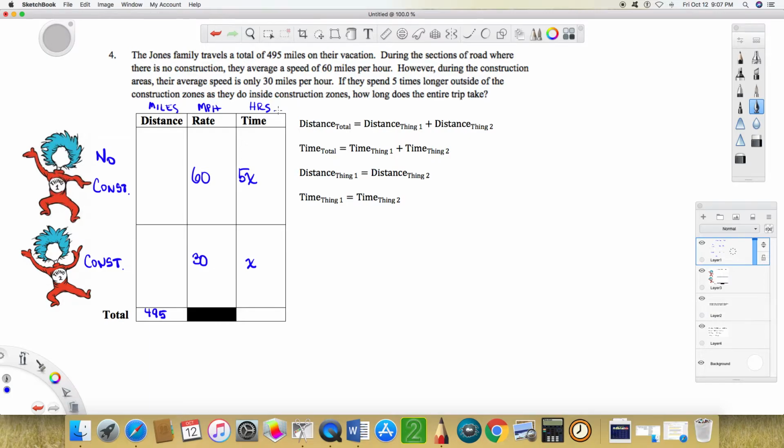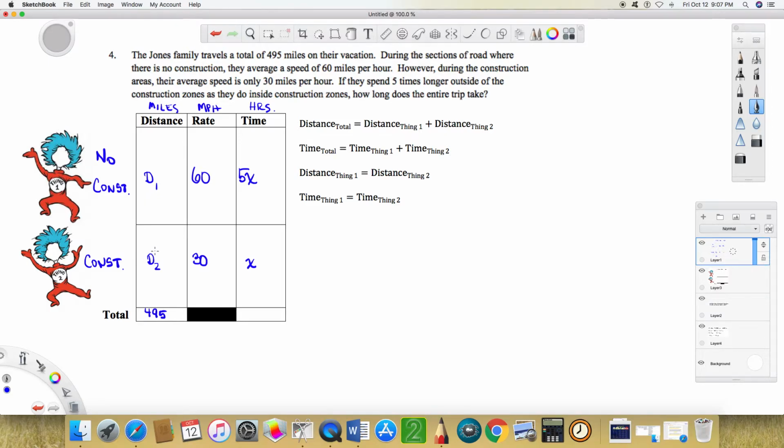Okay. Now, I do not know how far they traveled inside or when they were outside of the construction versus inside of the construction zone. I don't have any reason to believe that 495 is equally split either. In fact, if you're spending the majority of your time traveling at 60 miles per hour, then that D1 should be significantly larger than D2.